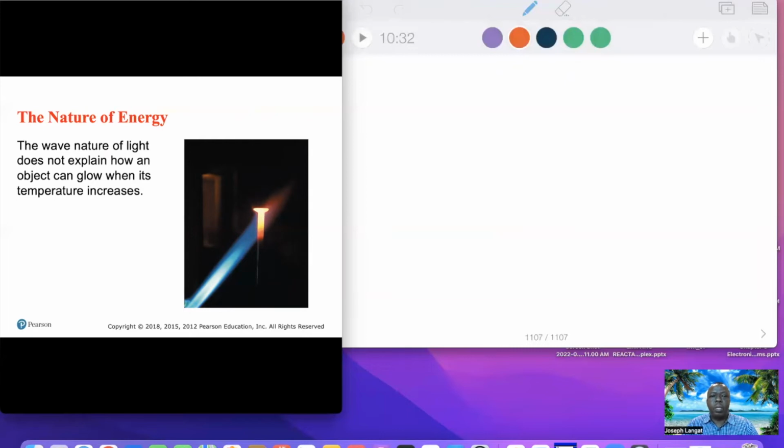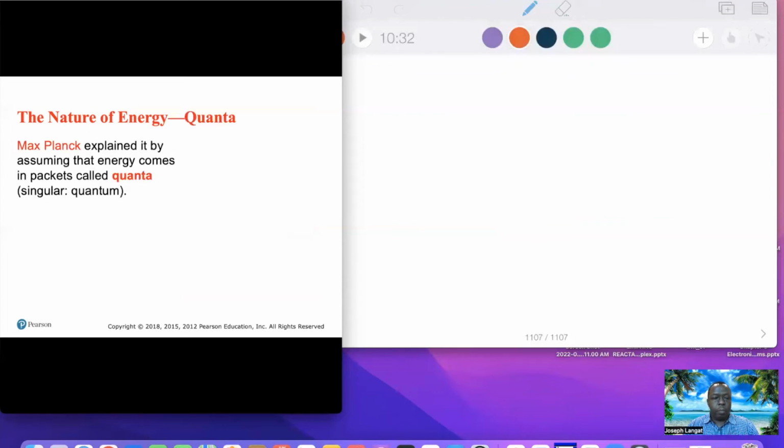We call that black body radiation. Here is an example demonstration where a piece of nail is subjected to high temperature, and if you take it off, it will continue glowing, continue emitting light. We call this black body radiation.